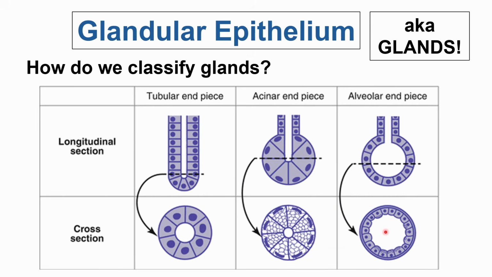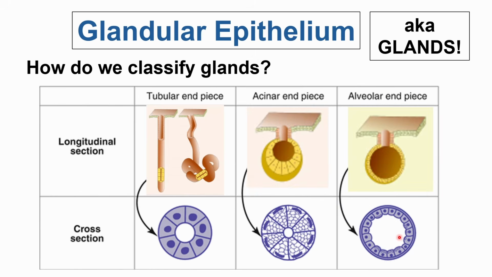Other references would argue that the alveolar style of secretory units has an even bigger lumen than the tubular because it mimics the alveoli, the sac-like appearance of the lungs. That will be quite difficult to appreciate at this time because we are not yet discussing the histology of the lung. Again, it's not important to differentiate between acinar and alveolar.